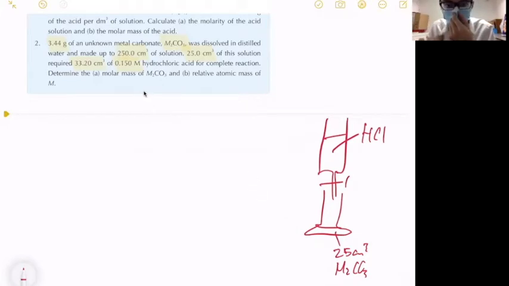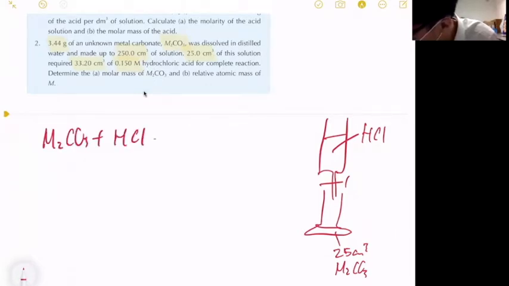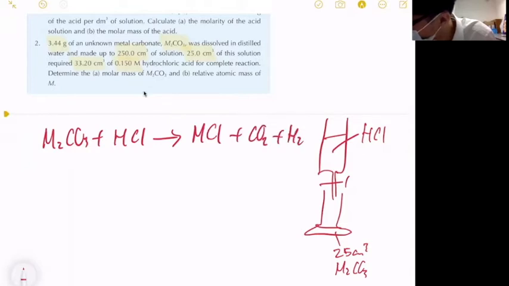And afterwards, we write down the chemical formula, with HCl, and you will get MCl and also CO2 and also H2O. So that is the chemical equation, and we balance it, and you will get something like this. So 1:2 ratio, it means that one metal carbonate will react with 2 hydrochloric acid.